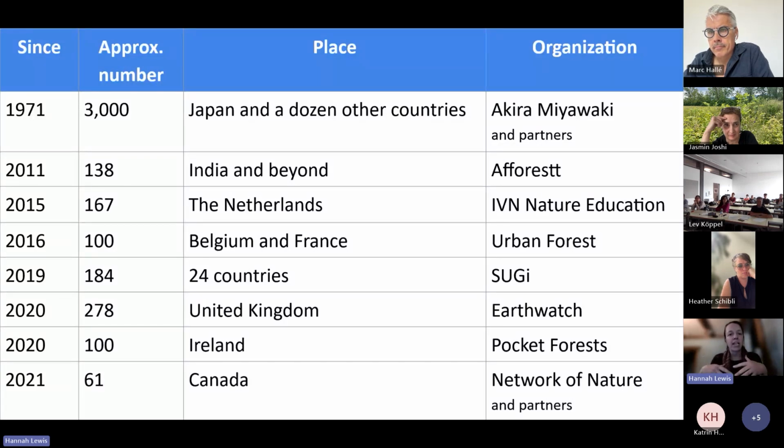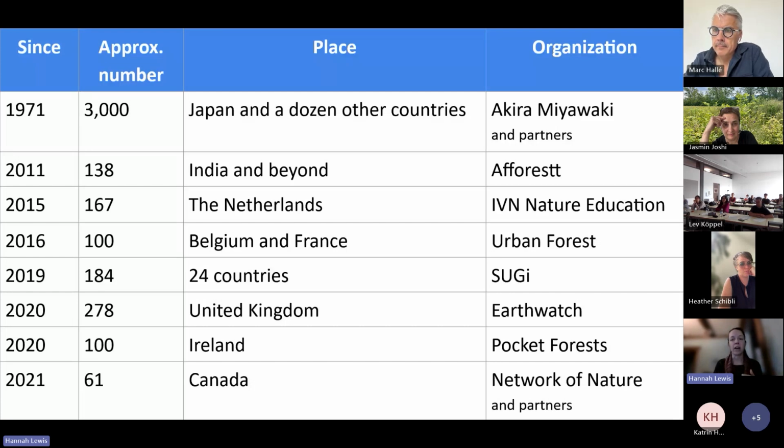I think India has planted more than that number, 138. They've been planting many since 2011 in India and elsewhere in the world. So you can see then how this is spreading to other countries.